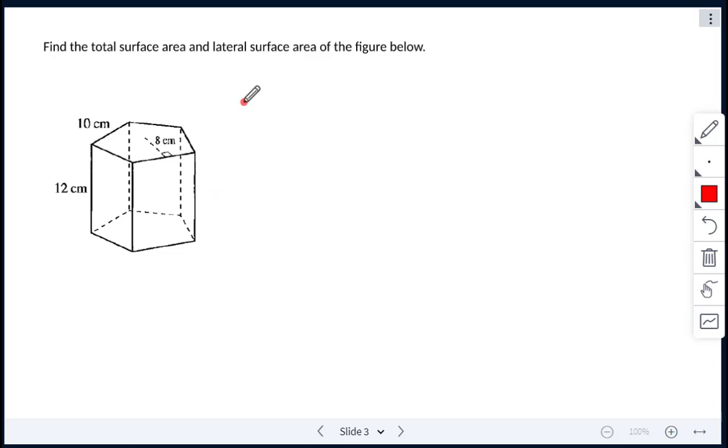And the formula here for total surface area, so the top and bottom, 2 times 0.5 A N S, and then plus N S H. So A represents the apothem, N, if you remember, represents number of sides, so this is a pentagon, so this would be 5, and S represents the side length, which in this case is 10 centimeters.